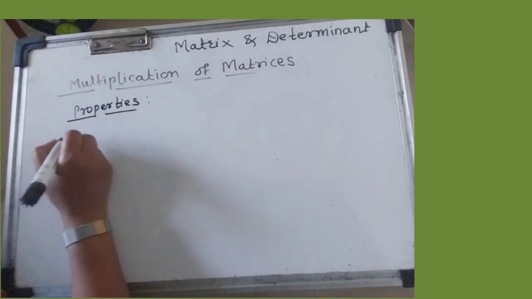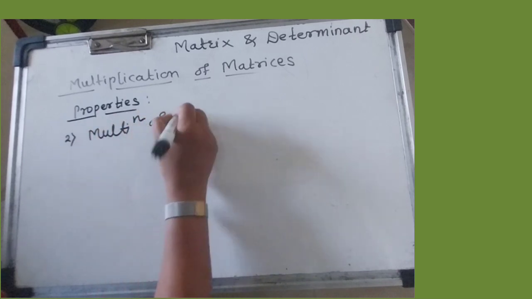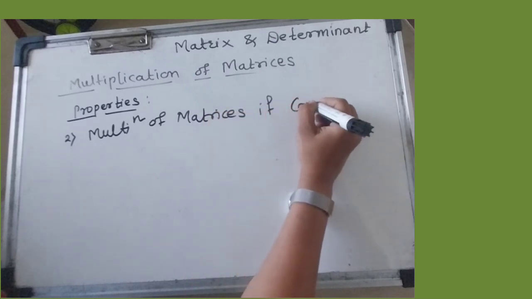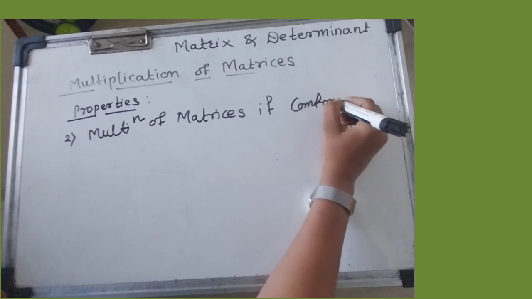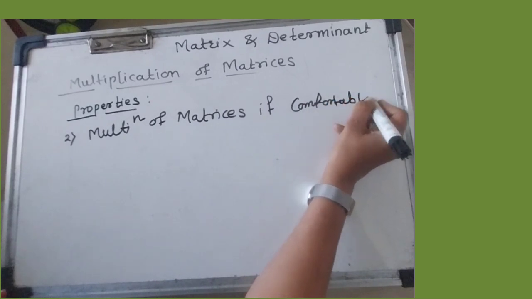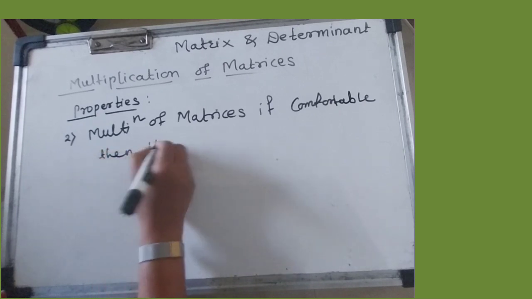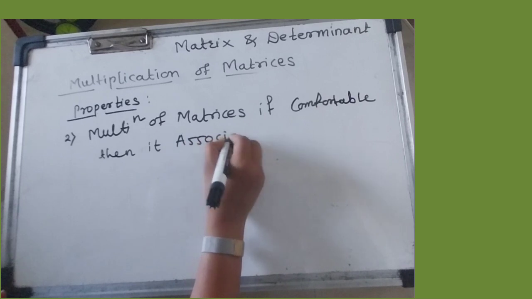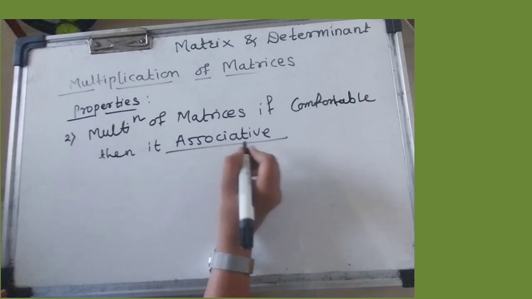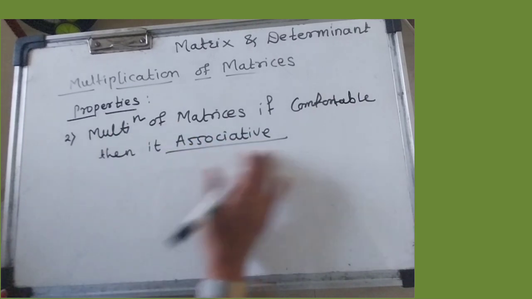Second property is multiplication of matrices, if comfortable, then it is associative. See, we already studied this associative law in the addition. What is the associative law for the multiplication?